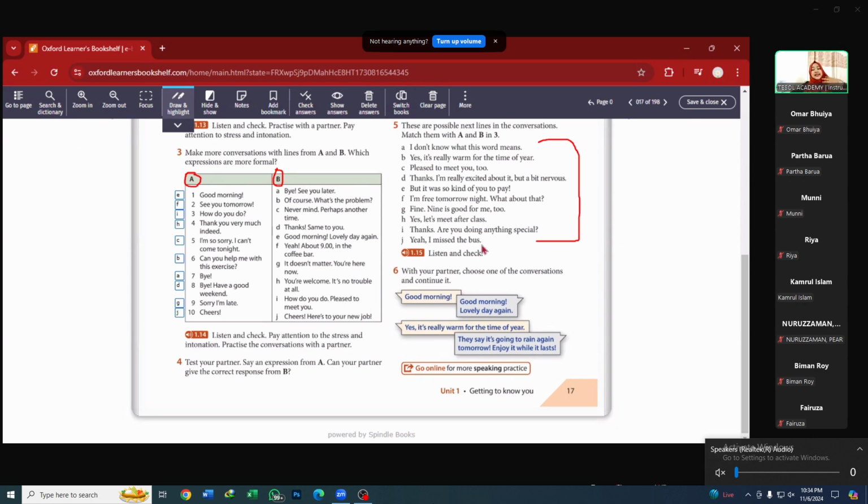Now we have to extend the conversation by adding one sentence from activity 5. Clear? The same way as before, we have to find out which extra sentence, which extended sentence, will be suitable for the conversation that we just completed. Clear, everyone?